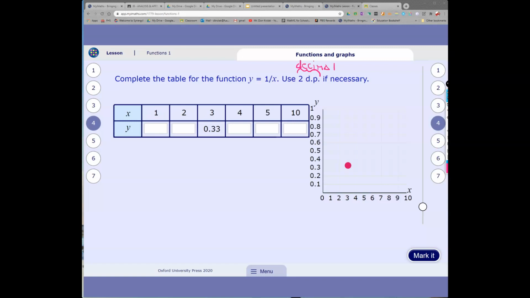All right, so to get our values, we're taking our 1 and we're dividing it by the input, which is 1, so that's easy.